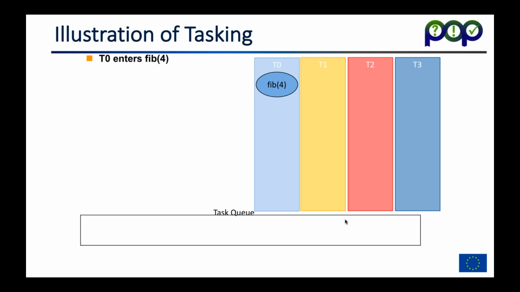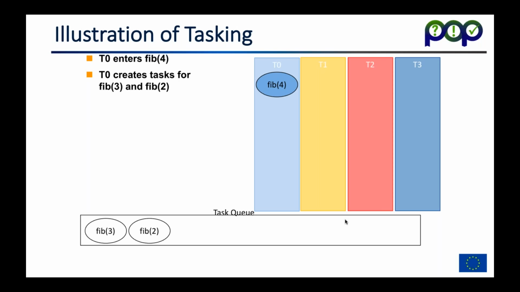Then thread 0 will call Fib4, and inside of this, you had 2 task pragmas, one to compute n-1 and one n-2, so Fib of 3 and Fib of 2. Your OpenMP program will create 2 tasks and put them into the task queue, as illustrated here.